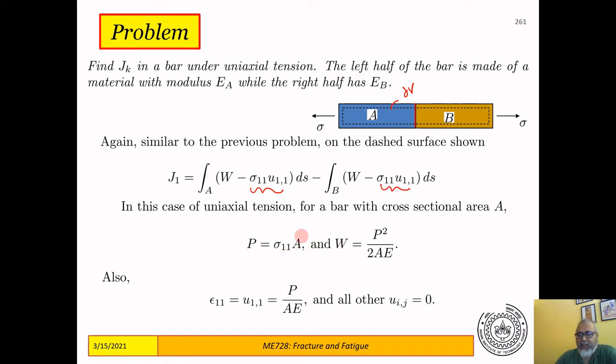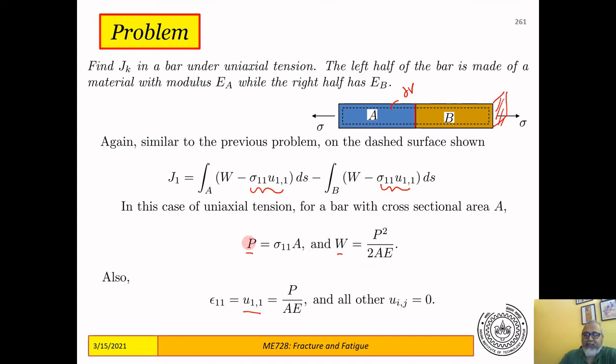Sigma 11 times the cross-sectional area A, not this A, gives you the total force P, and W is equal to P square by 2AE for a bar under tension. Epsilon 11, U1 comma 1, is P by AE, and all other epsilon ij are equal to 0.